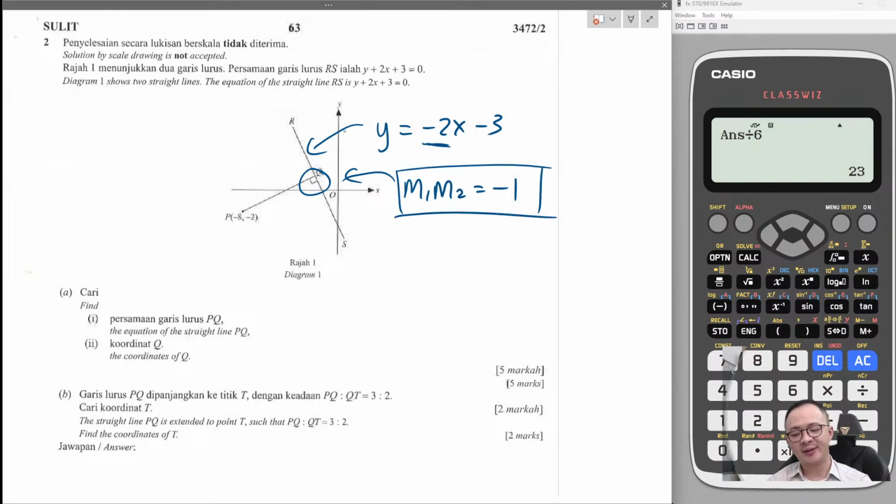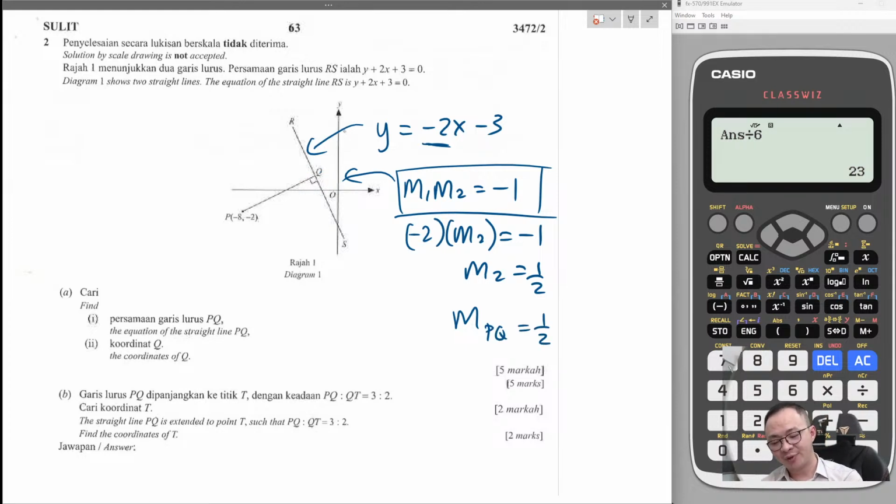So one of the gradients is negative 2, then I can easily find my second gradient, which will be 1 over 2. So this is exactly the gradient of PQ, 1 over 2. If one of the line gradients is negative 2 and they are at 90 degrees, the other one will be 1 over 2.